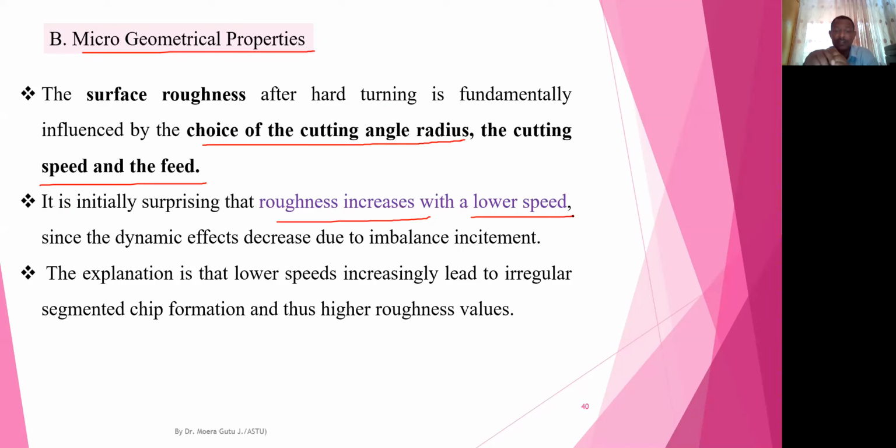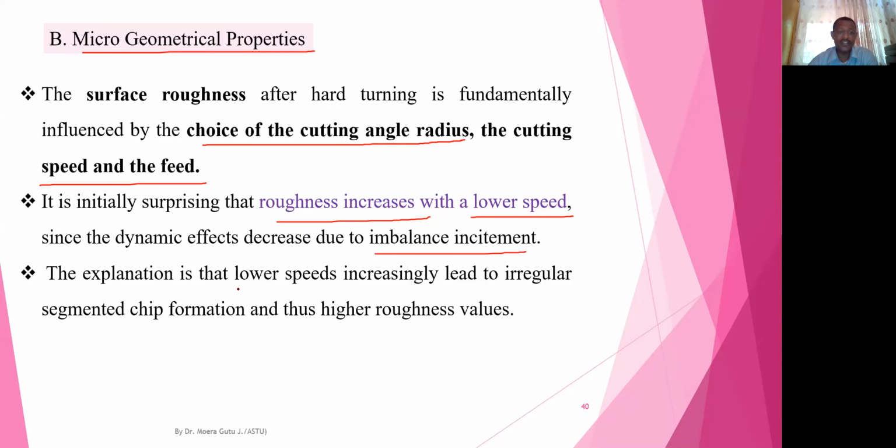At the engagement time, in order to overcome the huge hydrostatic machining cutting force, the roughness may be high. Once you start increasing cutting speed, we are going to get high surface finish. Even so, an optimized level of cutting speed should be there, since the dynamic effect decreases due to imbalance.